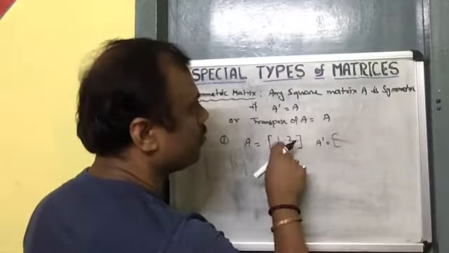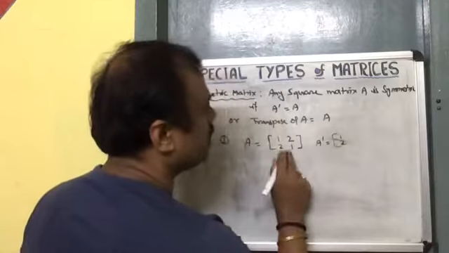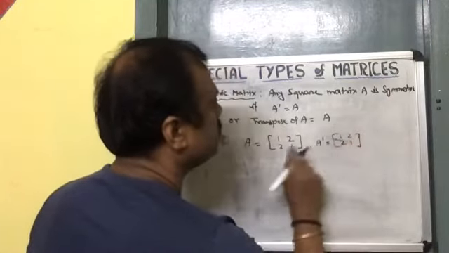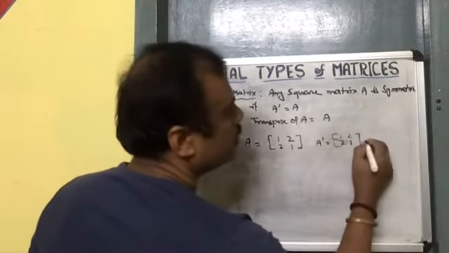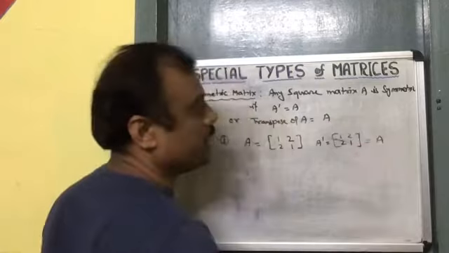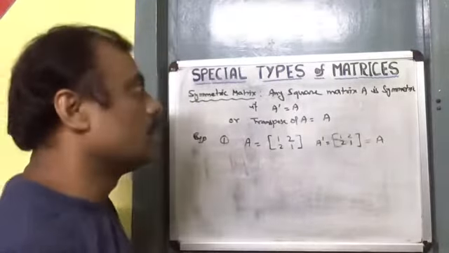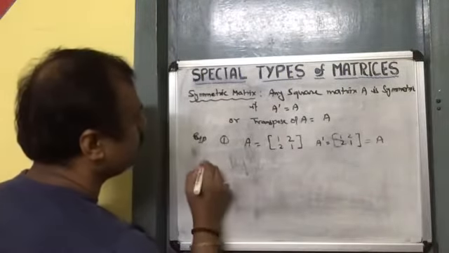So the first row I change into the first column, 1, 2, and the second row into the second column, 2, 1. As you see, both are equal, so here it is A. So this matrix is a symmetric matrix.